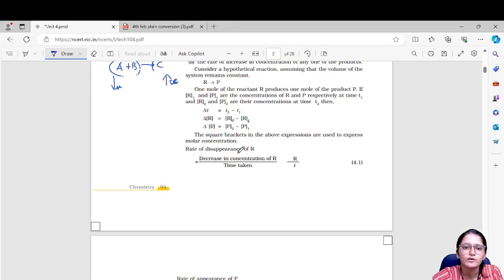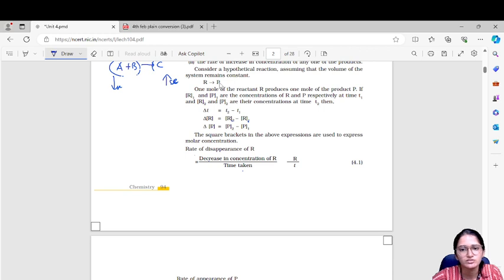Now what is the rate of disappearance of R? Disappears means reactant is getting decreased. So the rate of this decrease in R is given by decrease in the concentration of R divided by the time taken, meaning how much reactant is decreased and how much time is taken for that.